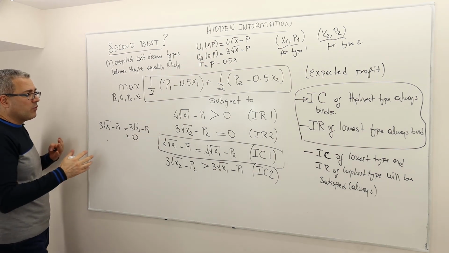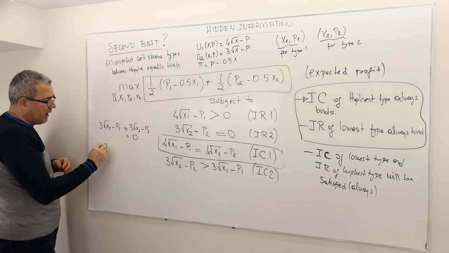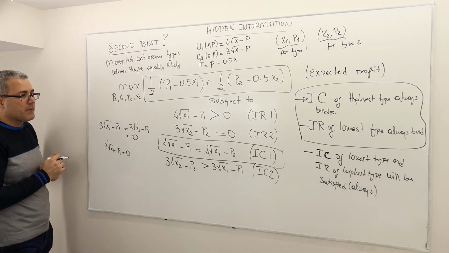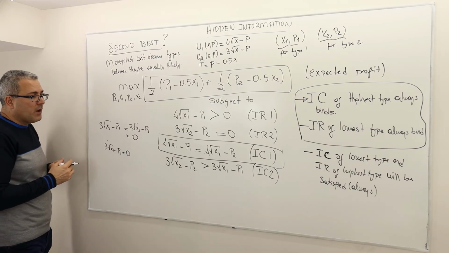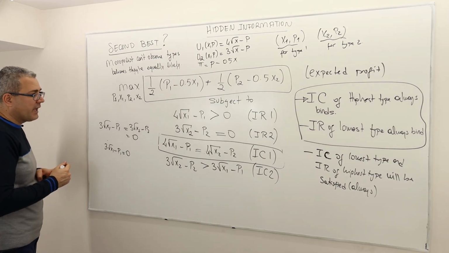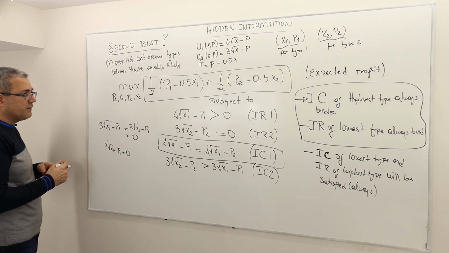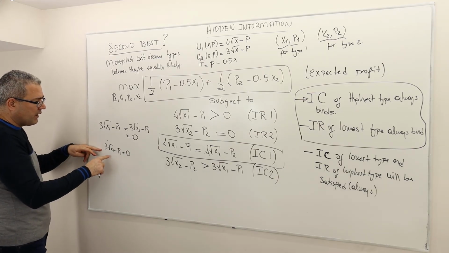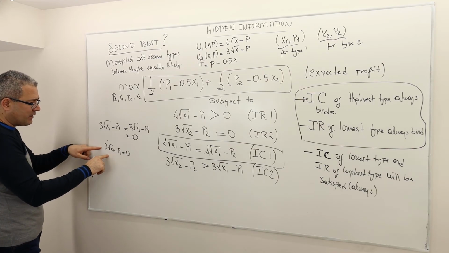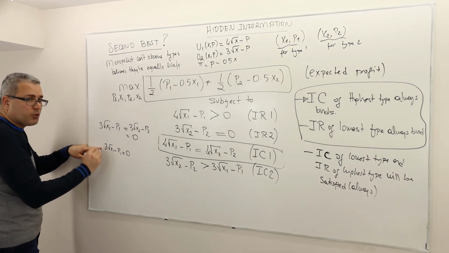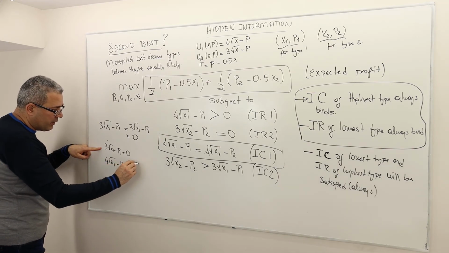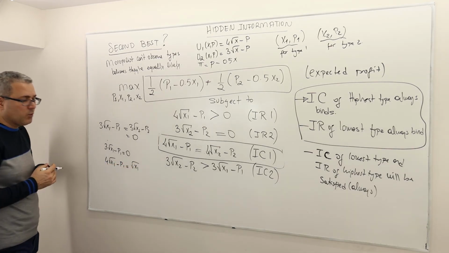All right? So what does that mean? That means 3 square root of x1 minus p1 is equal to 0. Okay, very good. However, what I can prove is the following. Here, if you add square root of x1 to both sides, I'm going to have 4 square root of x1 minus p1, which is equal to square root of x1.